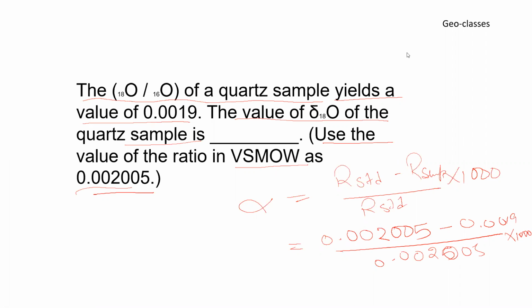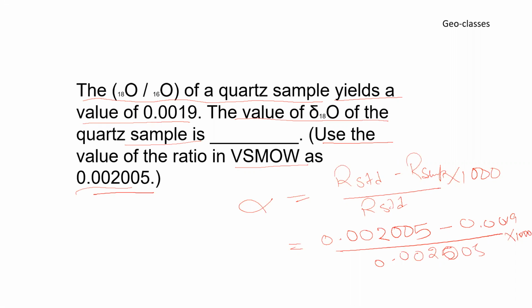So from here, just try to solve it out. Take the calculator. 0.002005 minus 0.0019.